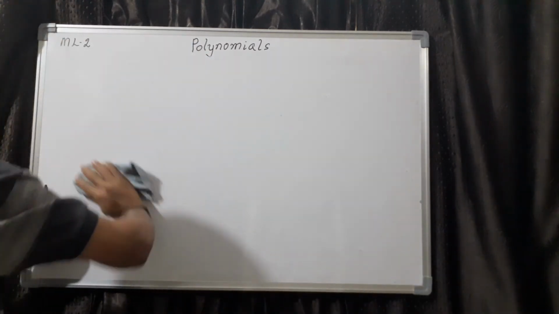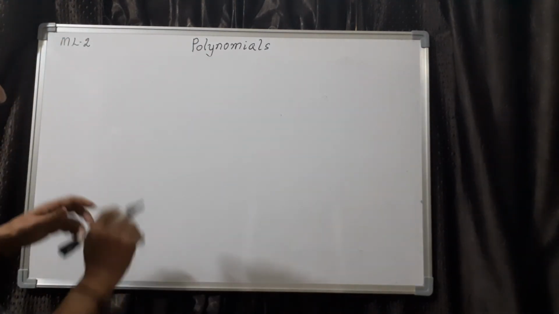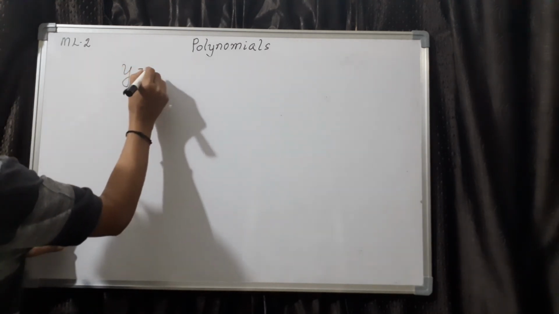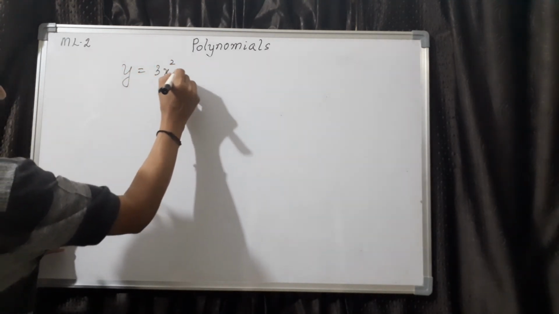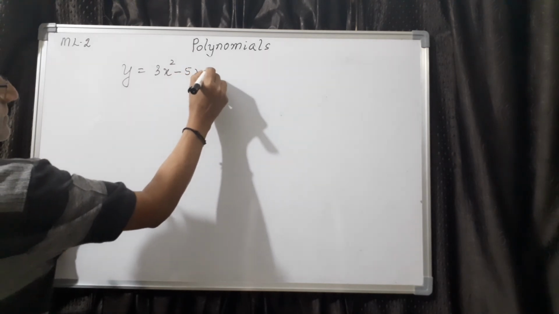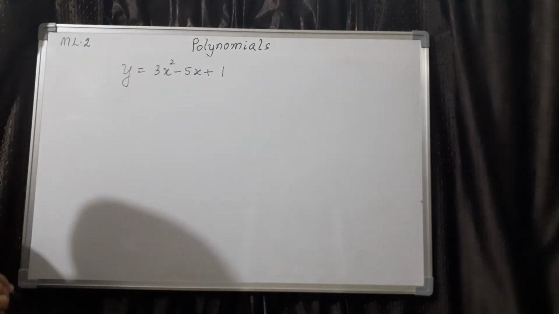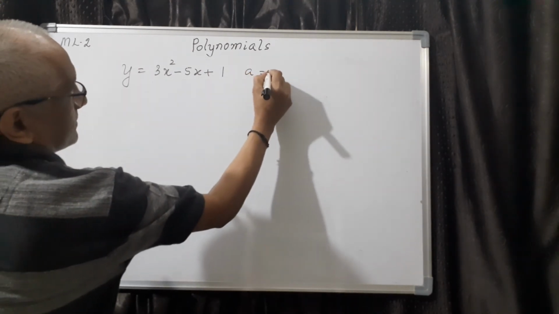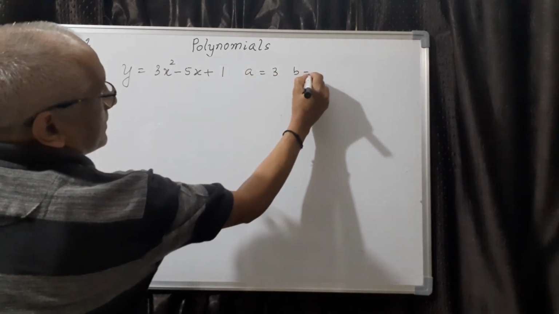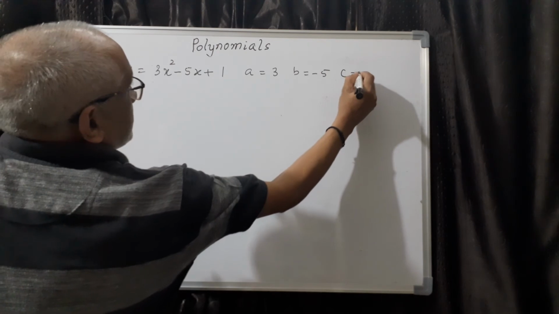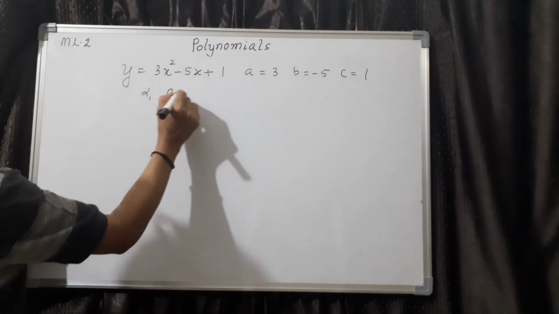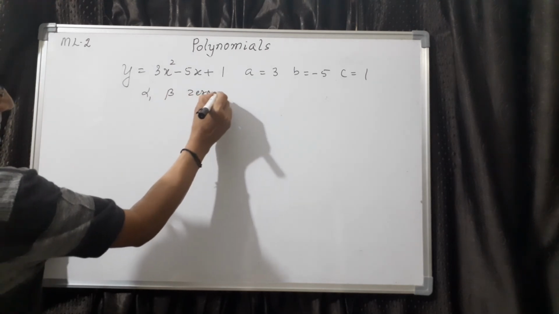Now let us take a few examples and verify this one. Say y equal to, let us say, 3x square minus 5x plus 1. Then a here is 3, b here is minus 5, c here is 1. Now suppose alpha and beta are zeros of this polynomial.